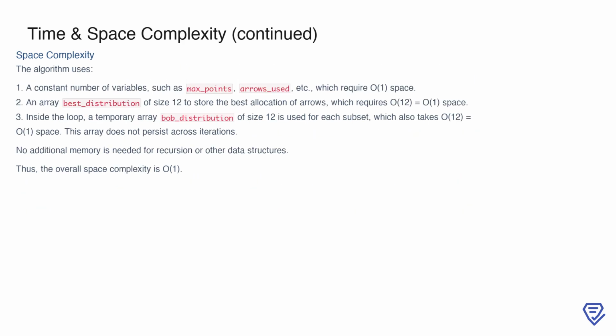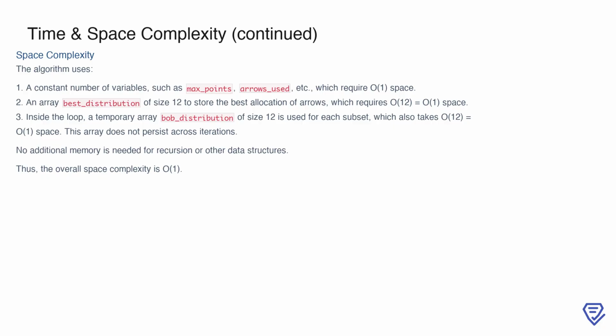Now let's look at the space complexity. The algorithm only uses a constant number of variables, such as max_points and arrows_used, which require O(1) space. Additionally, we maintain an array, best_distribution, of size 12 to store the optimal allocation of arrows. This array requires O(12) space, which simplifies to O(1) in big O terms.